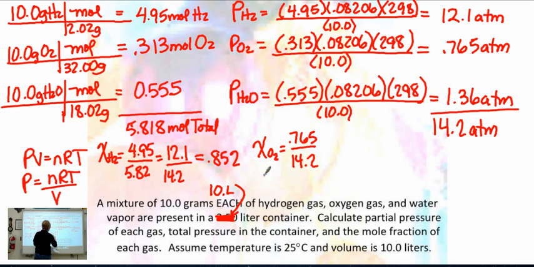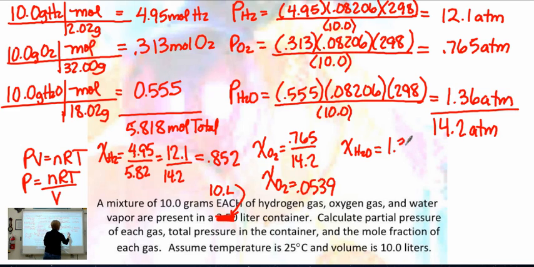14.2. So my mole fraction of O2 is 0.0539. And then finally, my mole fraction of the water is 1.36 over 14.2. And that equals 0.0958.